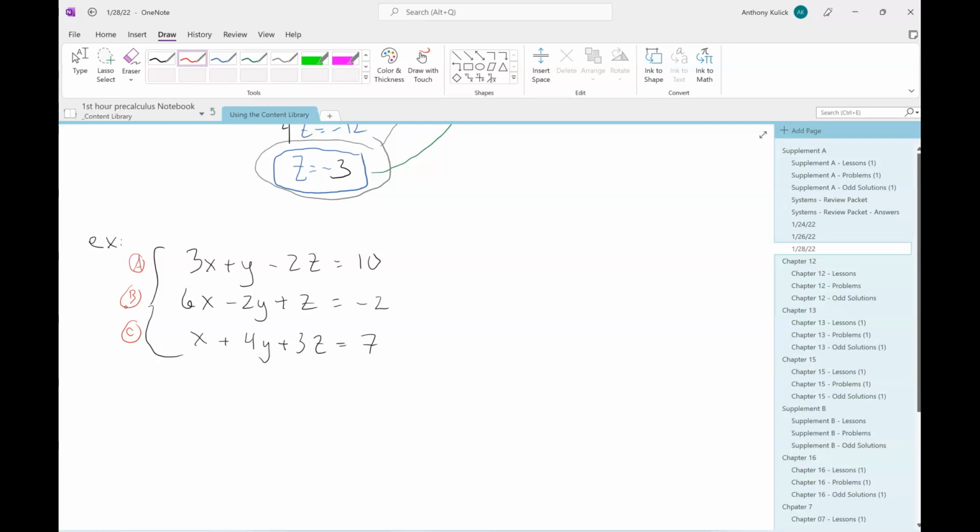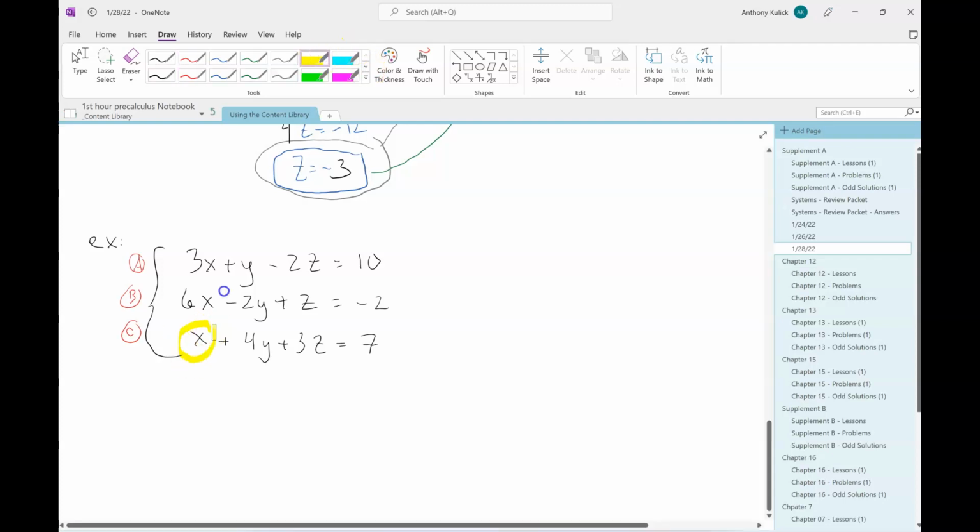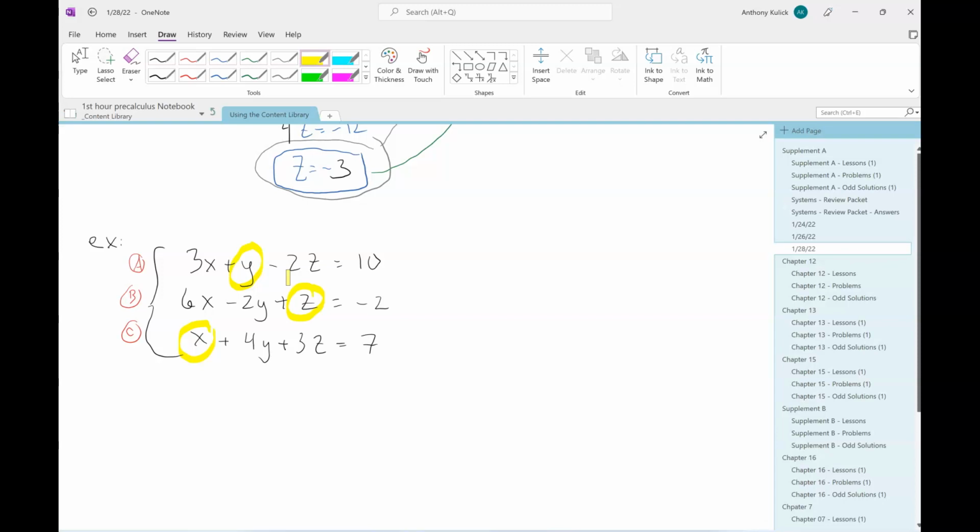In this case, any choice would be a reasonable one, because each equation has a variable with a coefficient of 1. So it doesn't really matter which variable I choose to eliminate first. It can be equally easy.